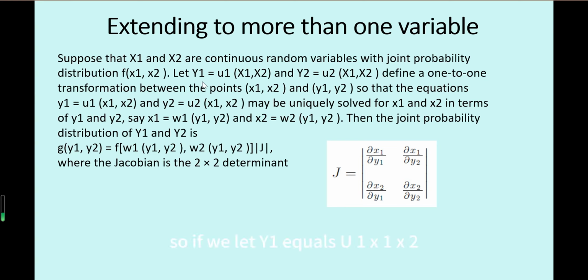If we let y1 equal u1(x1, x2) and y2 equal u2(x1, x2), also a one-to-one transformation between the points (x1, x2) and (y1, y2), the equations can be uniquely solved for x1 and x2 in terms of y1 and y2.